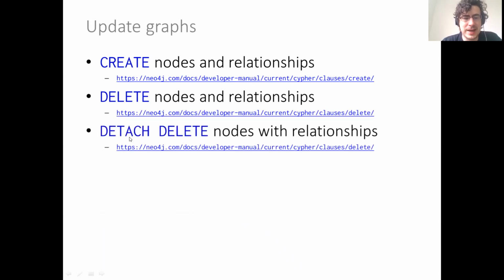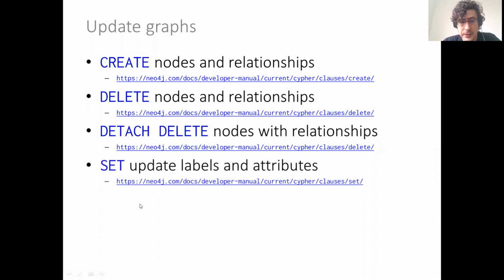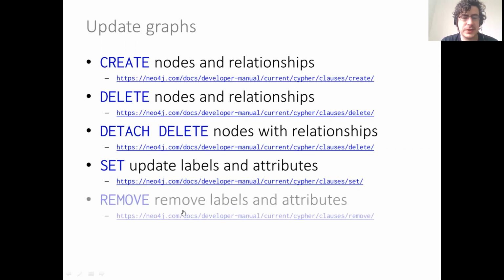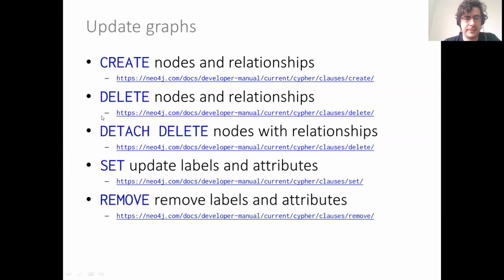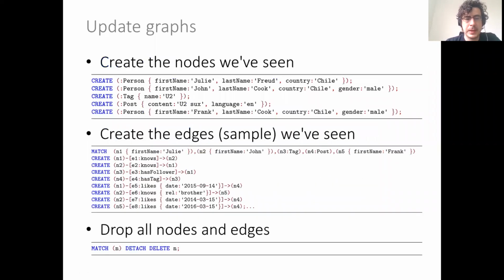We can use detach delete to delete nodes and their relationships, the relationships that are incident on those nodes, that involve those nodes. We can use set to update some labels and attributes, the metadata associated with nodes and edges. We can use remove to remove labels and attributes if we just want to delete them, and so forth. So these are the main commands here that we have.